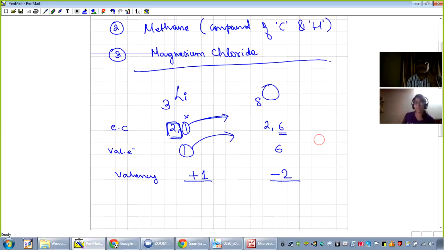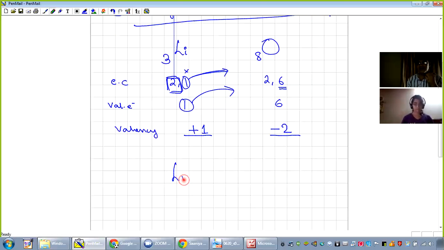But it's getting only 1. So we'll have to work out the formula first, and then we will see how it is going to happen. So for lithium, valency is 1. For oxygen, valency is 2.